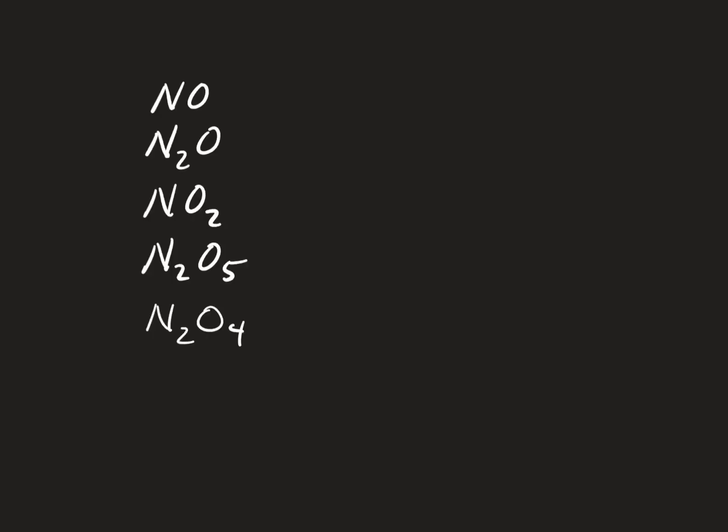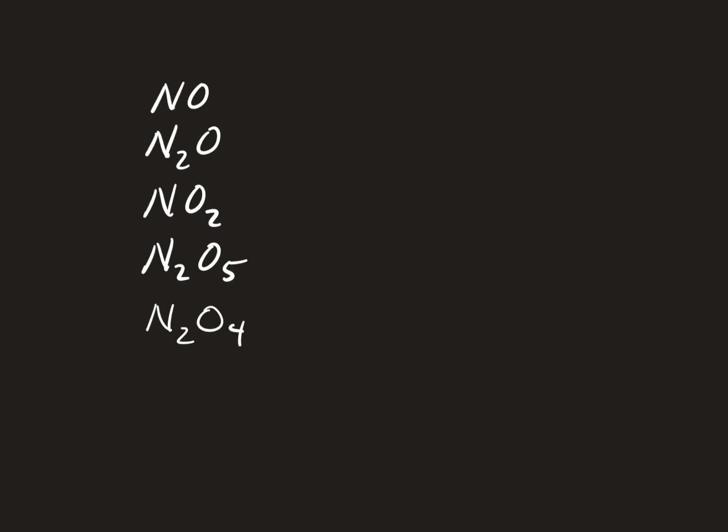All right, so let's try some examples here. All right, now I'm using these molecules as examples for a reason. I want you to understand the reason I'm using nitrogen oxygen molecules. You can see that nitrogen and oxygen can come together in a variety of different ways, okay?